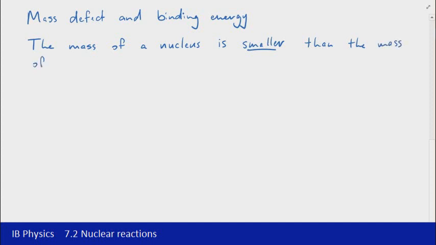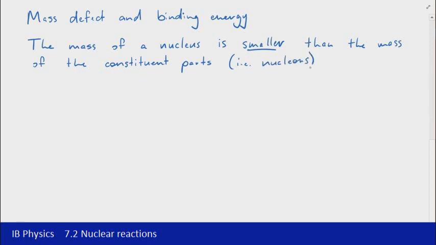So we get this very counterintuitive situation based on what we know of mass and how it behaves. And when we're talking about the constituent parts here, what we really mean is the nucleons.